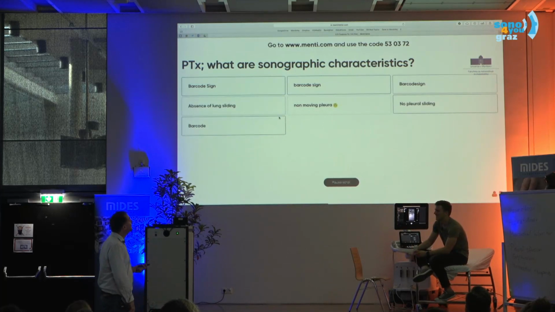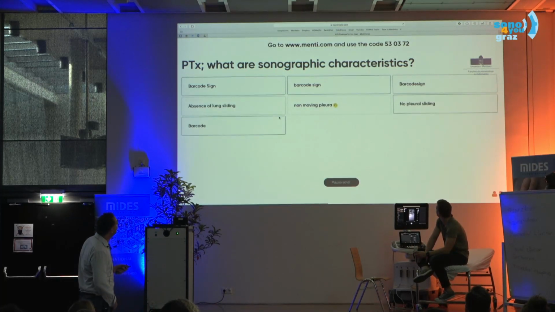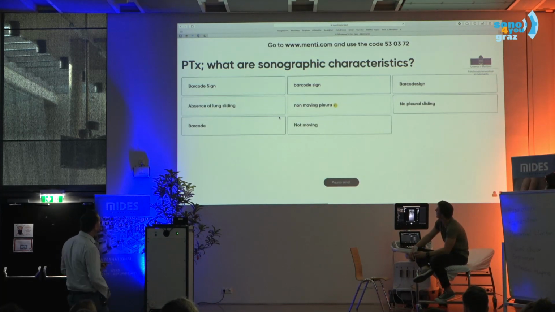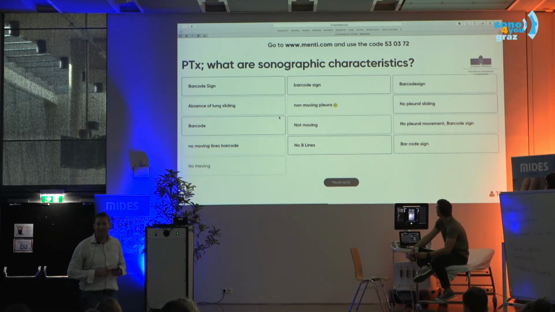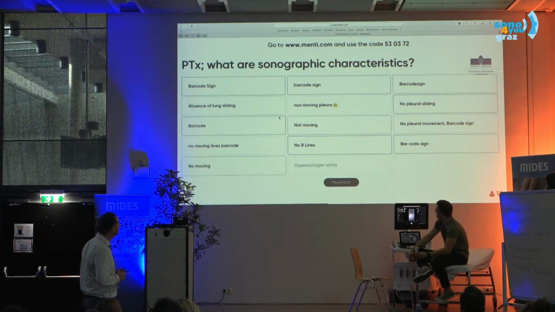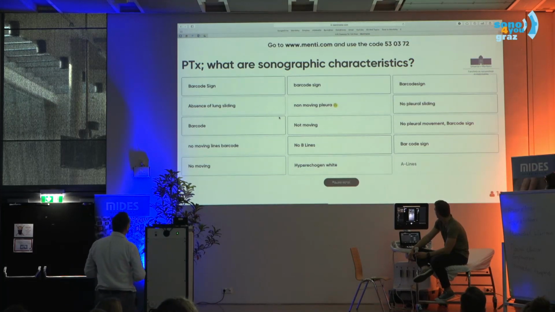Barcode sign, non-moving pleura, absent lung sliding, no pleural movement, barcode sign. It really seems like you like this barcode, no? Hyperechogenic white, A lines.